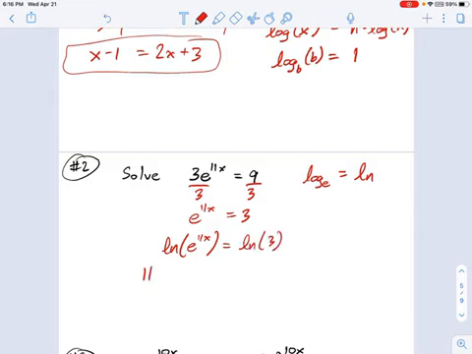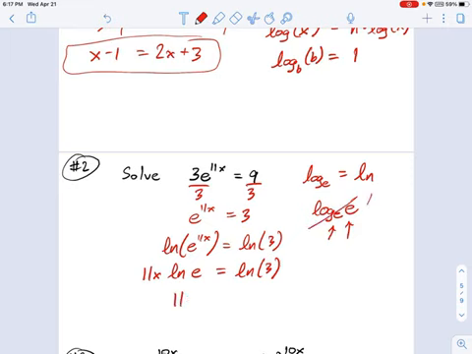Well, ln of e to the 11x is 11x times ln of e, and that's still equal to the natural log of 3. And if you remember, ln of e, what is that? That's log base e of e, right? And anything where you have an equal base and argument crosses out to be 1.